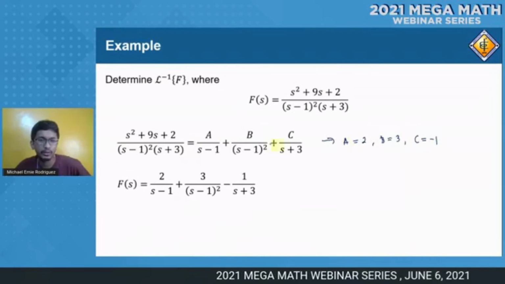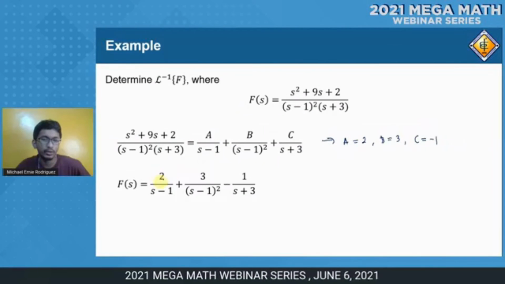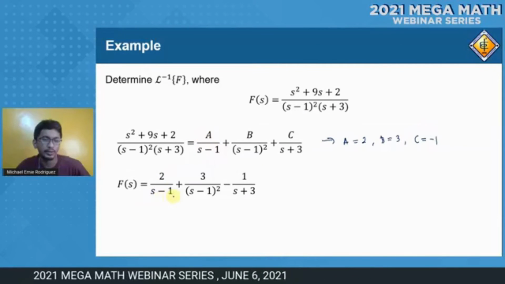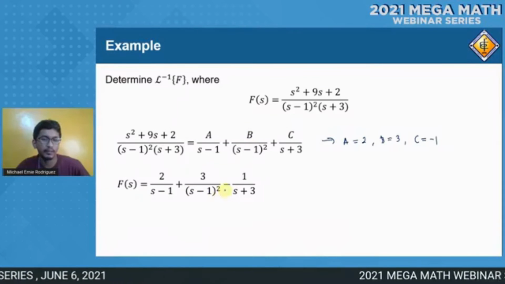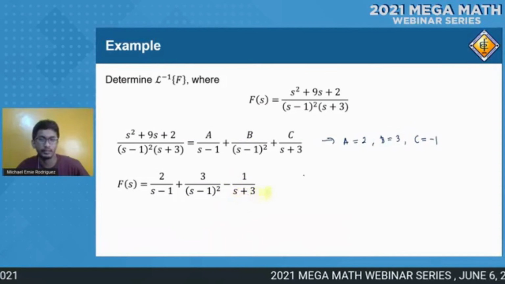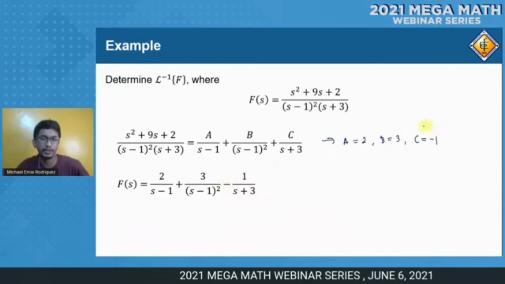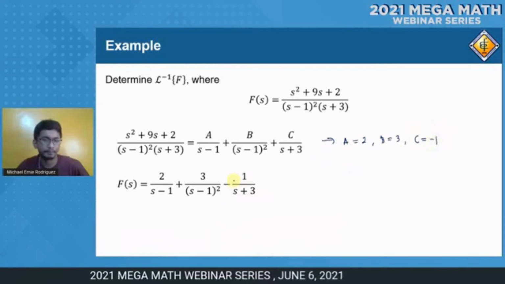Okay? So we now have 2 over s minus 1, plus 3 over s minus 1 squared, minus 1 over s plus 3. So minus na yan kasi your C is negative 1.